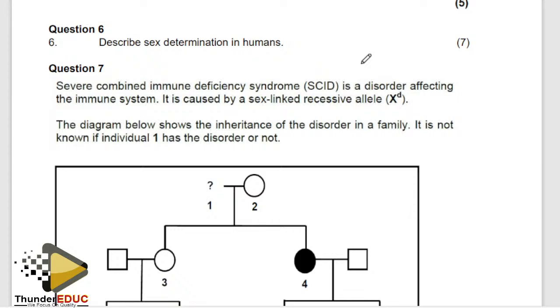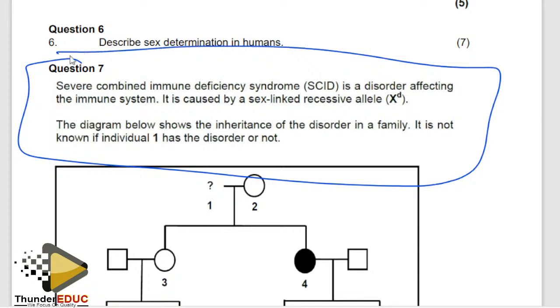I repeat, identify whether it's sex linked or non-sex linked. How do I differentiate? They will mention that it is a sex linked disorder. Always read what is on top.